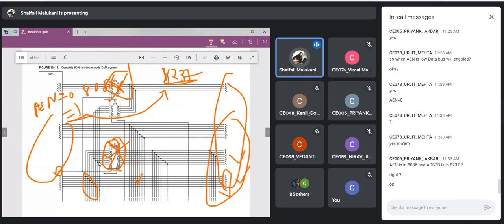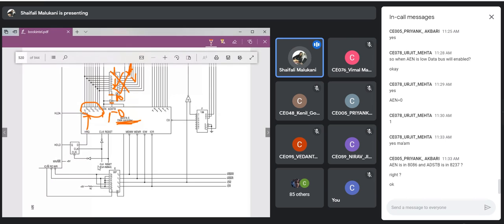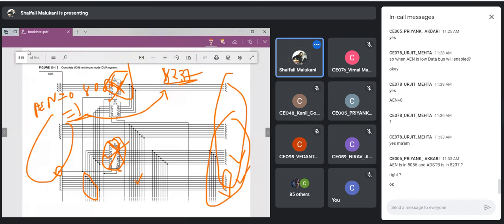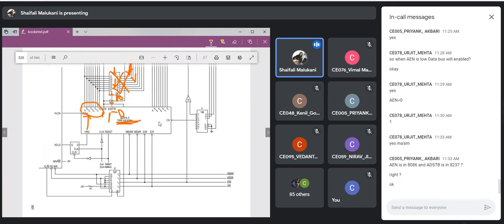So D0 to D4 data lines are connected with the A16 to A19 address lines. So that will also be enabled.